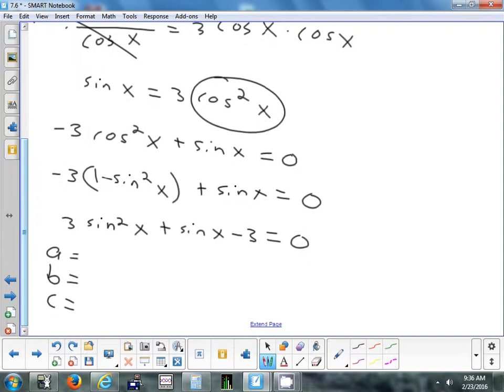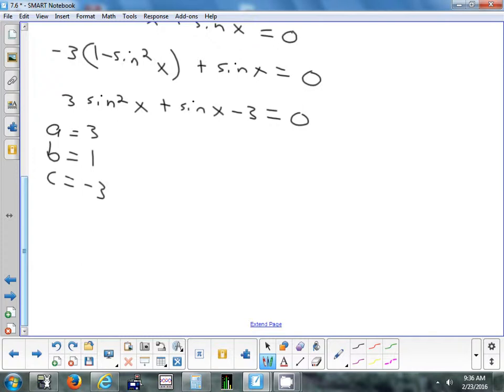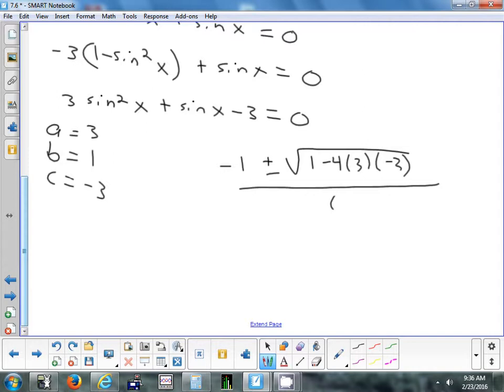Identify A, B, and C. I'm going to go through the quadratic formula really pretty quick. So negative b plus or minus square root of b squared minus 4ac, over 2a. Minus a minus becomes a plus. 4 times 3 is 12, times 3 is 36, plus 1 is 37.